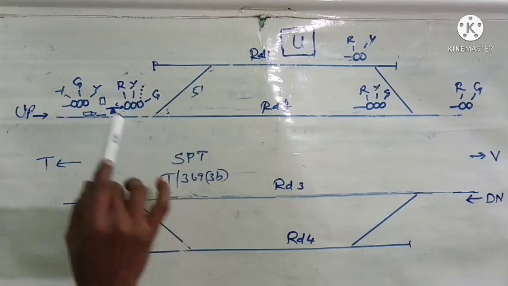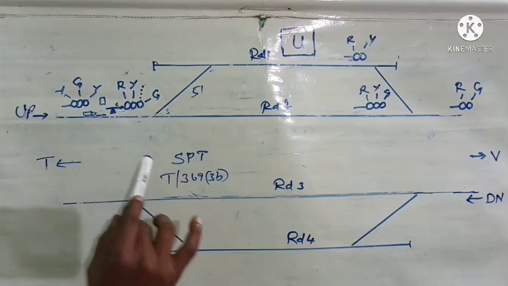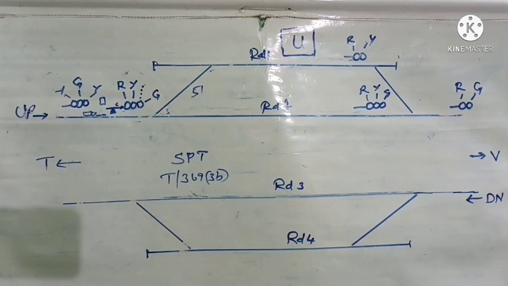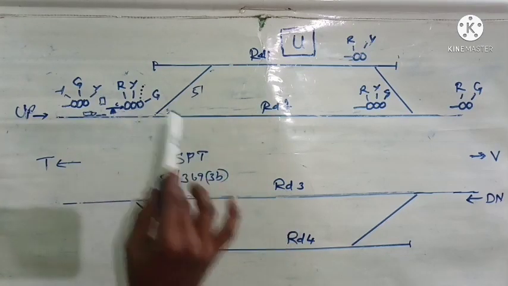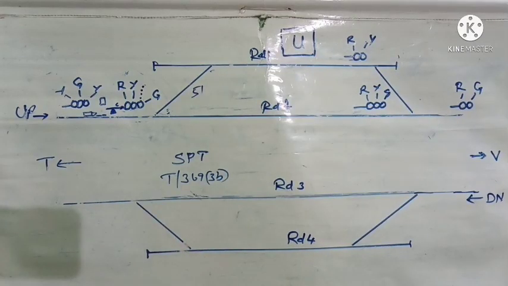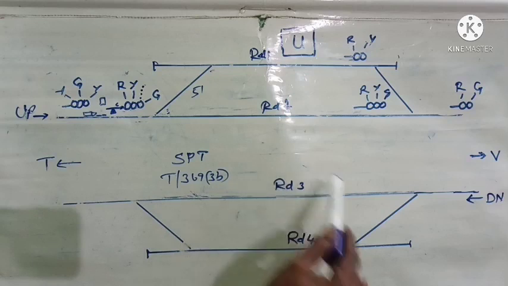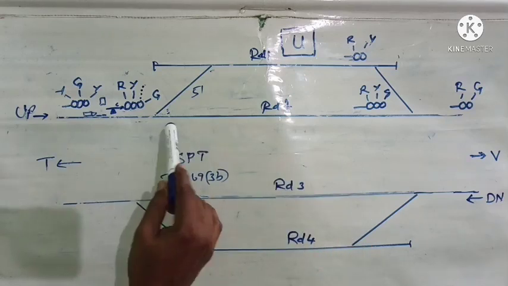Then if SPT is not available at the foot of this home signal, or if SPT is not working, in that case the next alternative is to receive the train under memo T bar 369 3B. How this T bar 369 3B will be given, I already explained in the starter failure.